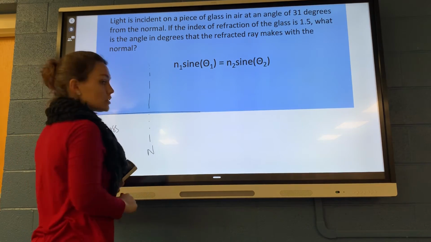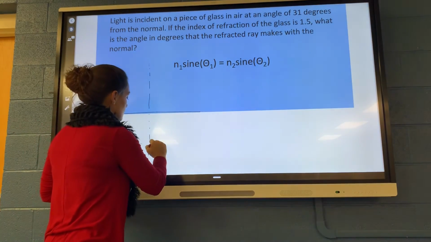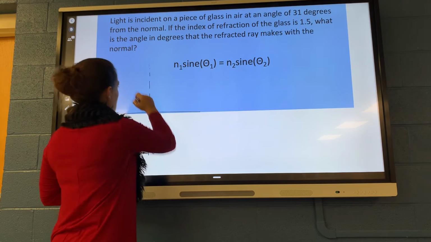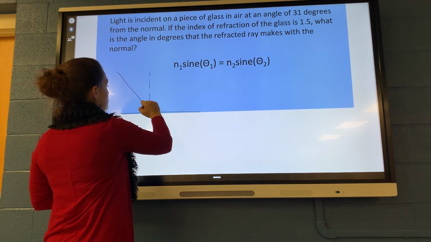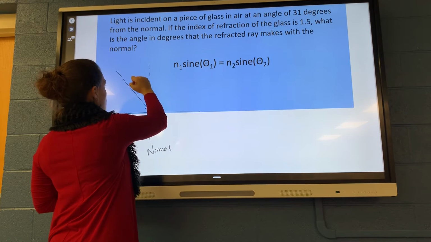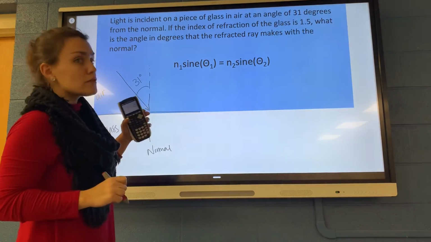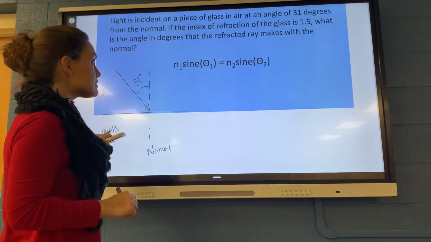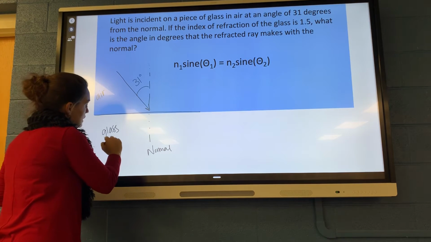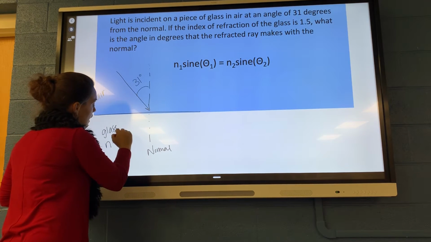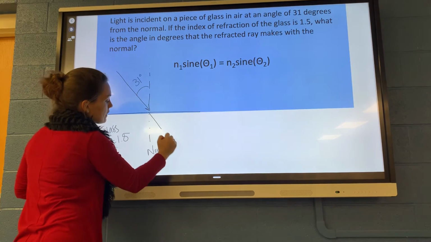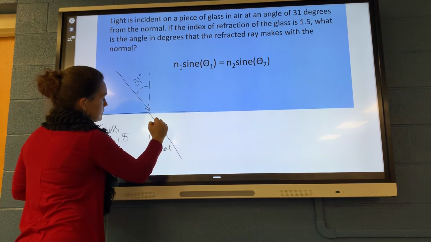Remember I said that was very important. That's our normal, and it hits that at 31 degrees. So right here is 31 degrees. If the index of refraction for the glass is 1.5, so N equals 1.5, what is the angle of refraction?